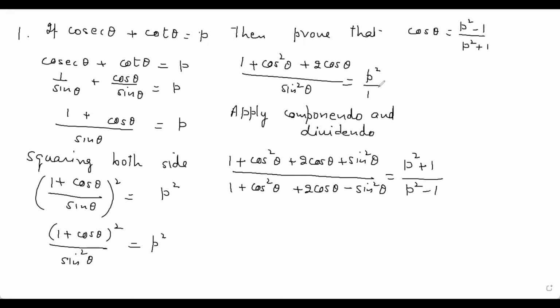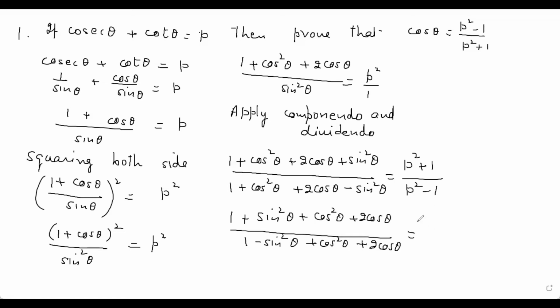In componendo and dividendo, what we do? We add this and this in numerator. We subtract this and this in denominator. Similarly, add these two terms in numerator, subtract these two terms in denominator. Now cos square theta plus sin square theta is 1. So 1 plus sin square theta plus cos square theta plus 2 cos theta, and in denominator, you write it like this: 1 minus sin square theta plus cos square theta plus 2 cos theta.